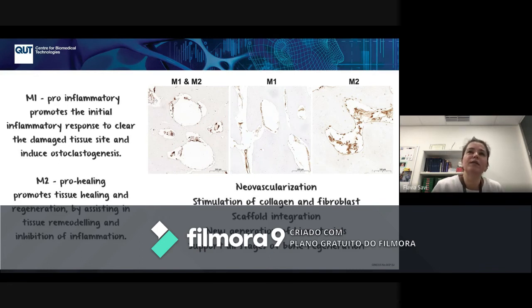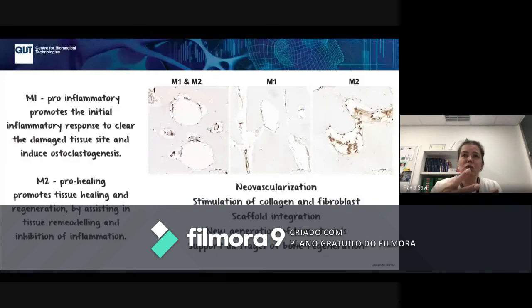And M1 is very important for the initial healing of the defect, because they promote the initial inflammatory response to clear the damaged tissue and to induce osteoclastogenesis. So in the beginning, you need these immune cells to go to your defect site. They are going to try to clean the area and then also differentiate into new bone cells.